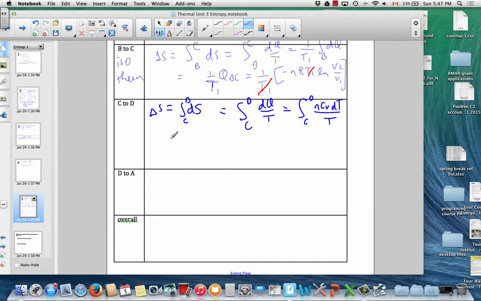And we pull out the n and Cv, and then it's dT over T, which of course is the natural logarithm. And then we've got to do ln of temperature D over temperature in state C. That's n Cv ln of, well, temperature D was T2, temperature C was T1.